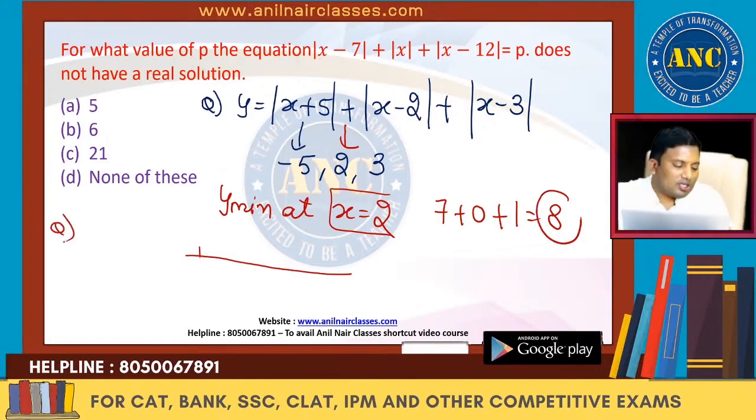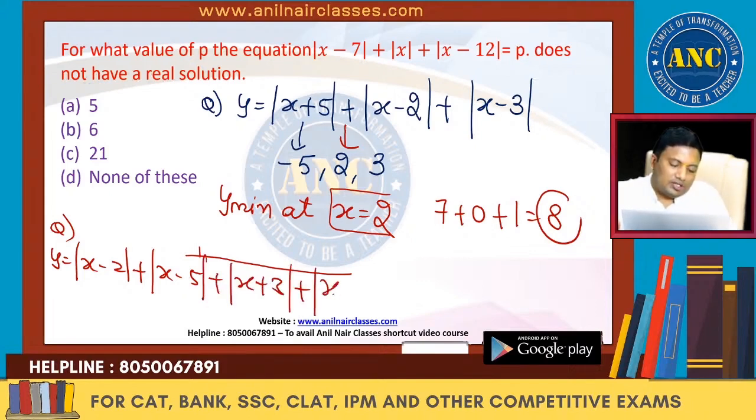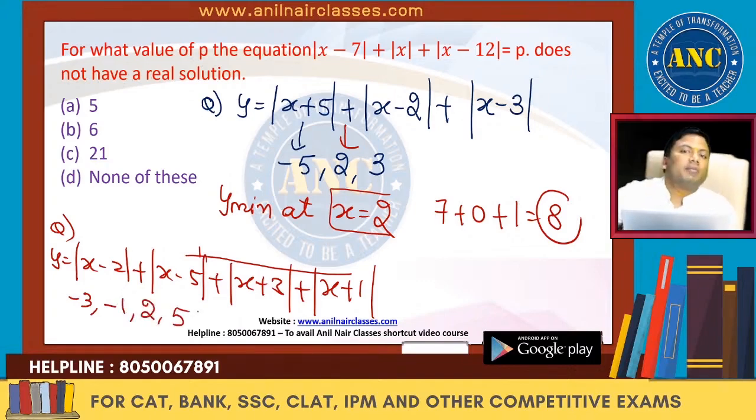If the question is y equivalent to mod x minus 2 plus mod x minus 5 plus mod x plus 3 plus mod x plus 1, write it down in ascending order. First minus 3 will come, next minus 1, next 2, next 5. The number of modulus functions added is even.